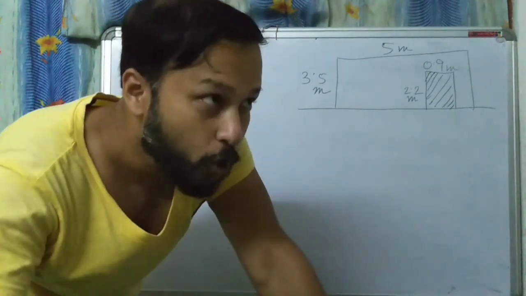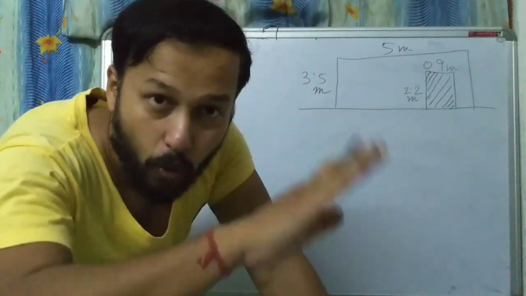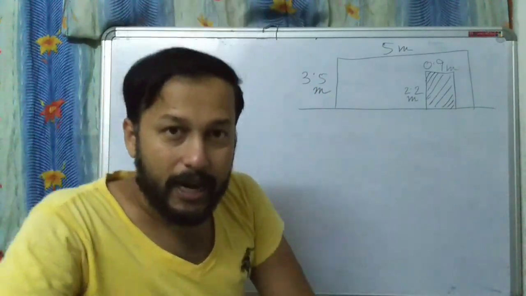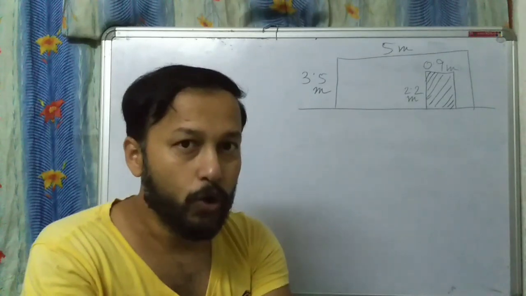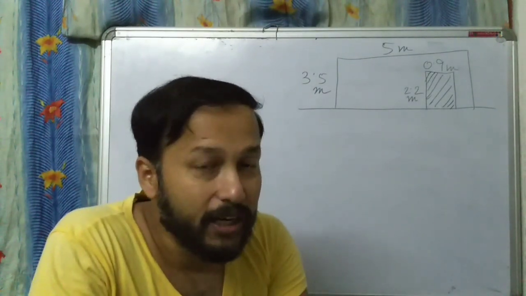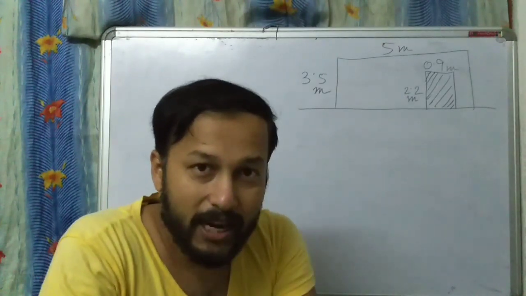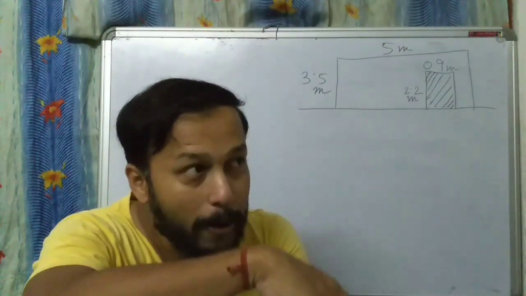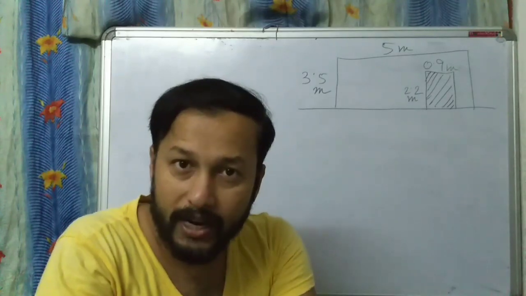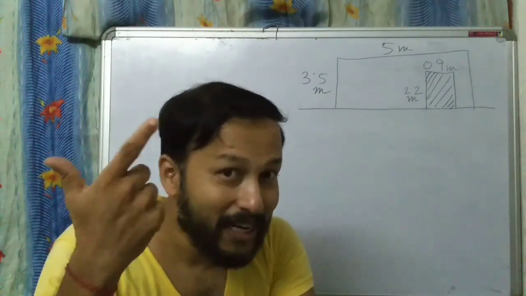Okay, to paint the wall, who will paint it? The painter. You have to call a painter and tell the painter that I want to paint that wall. So you have to pay the money.